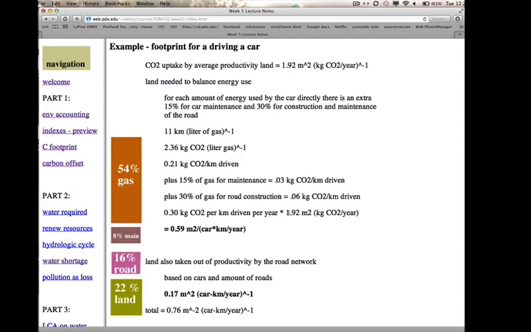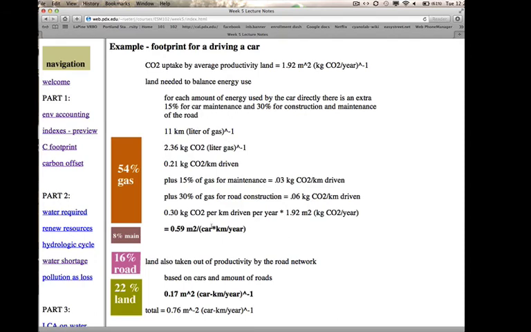So you get 1.92 meters squared per kilogram CO2 per year. You multiply those out and you get about 0.6 meters squared per car per kilometer per year. So for each kilometer you drive your car each year, you have to balance it with 0.6 meters squared of productive land.